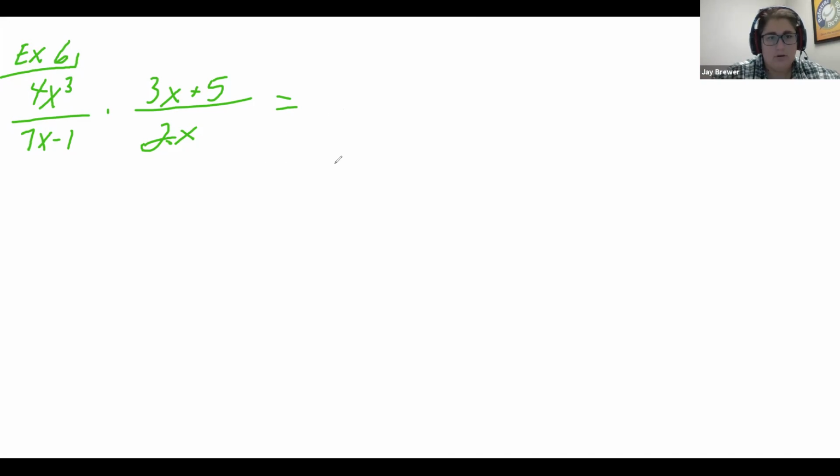This is my question for you: can you see anything that you can easily factor, as in either factor or cancel out? Keep in mind with fractions, you can cancel either up and down or diagonal. The only way you can't cancel is across. So what do you guys think you can see?